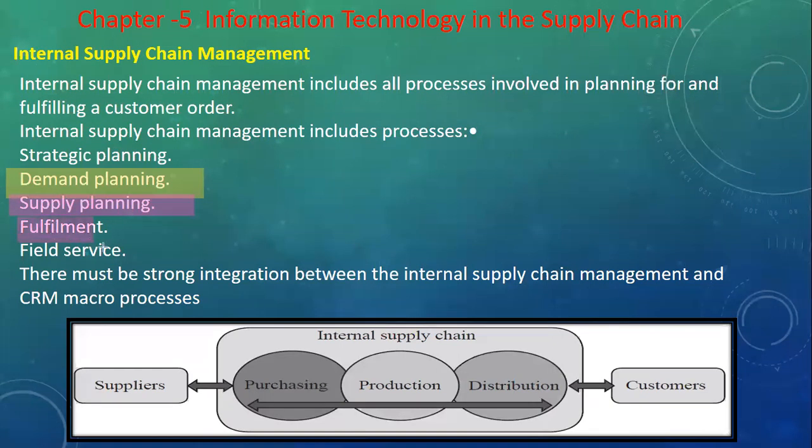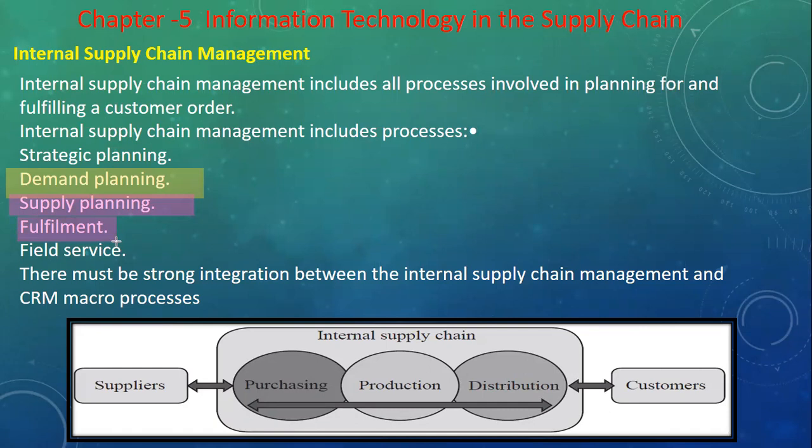Then fulfillment. Whatever order you receive, are you delivering and completing it in your timeline as per the order or not? So this is fulfillment. Just like you receive an order of 100 units, and the timeline given is 3 days. Are you able to complete this order in 3 days or not?